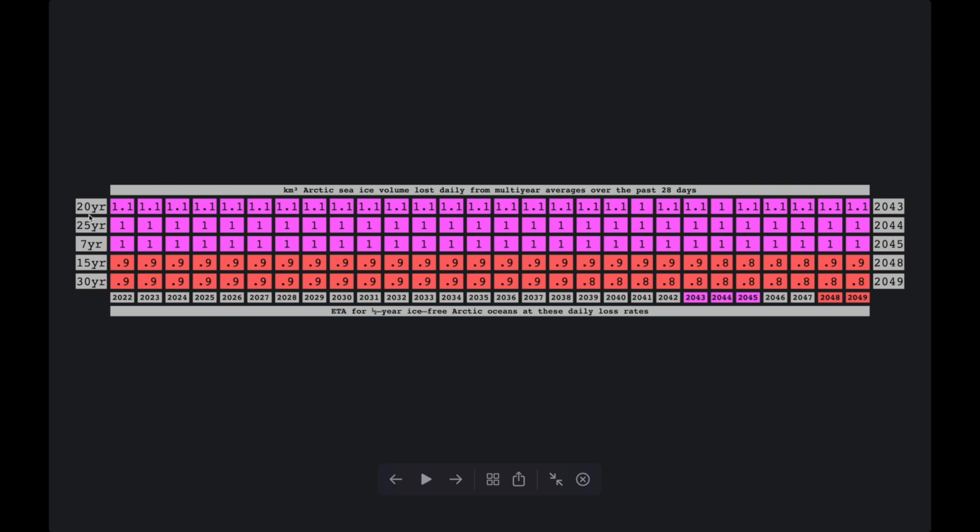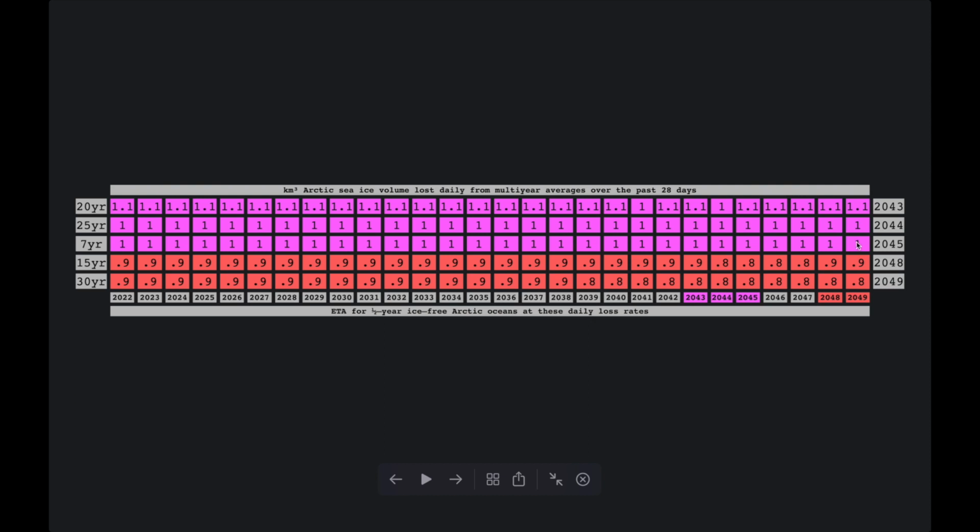But I also present 4 other multi-year averages for the Arctic sea ice volume, and these 28 squares are just the latest 28 days of data that we have from PIOMAS, the Polar Research Center in Seattle.